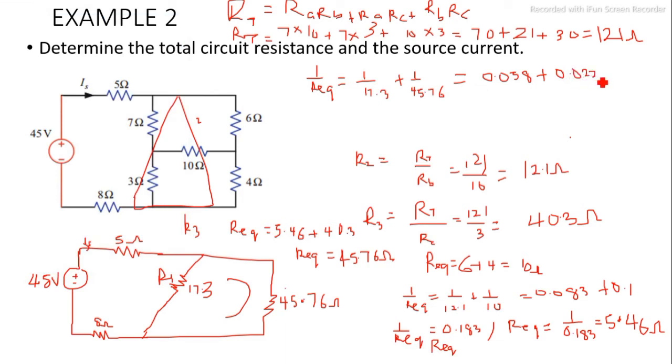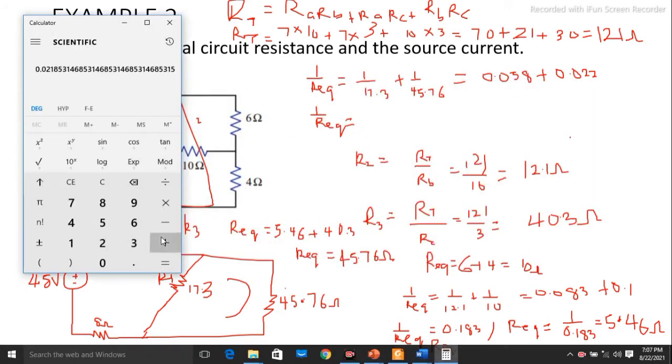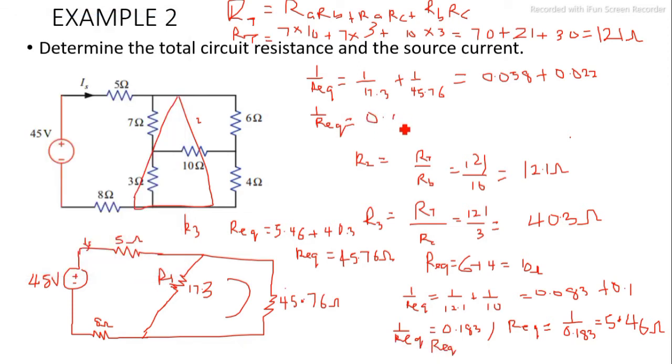So if we add these two together, that means 1 over R equivalent will be 0.058 plus 0.022. That's 0.08. So with that, take the reciprocal to get R equivalent.